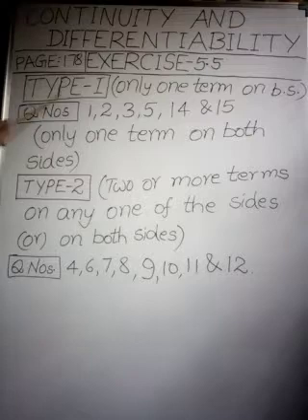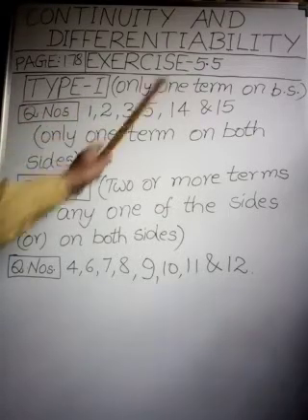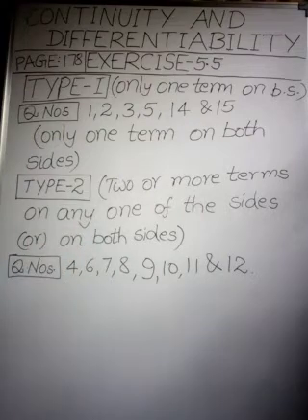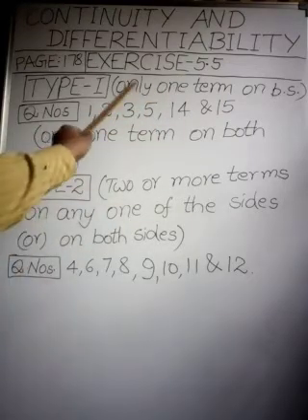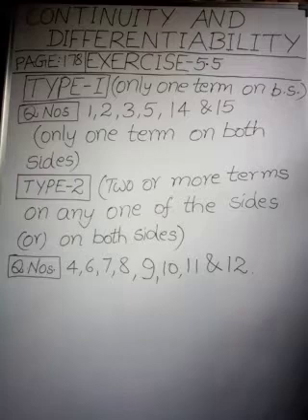See that type 1 sums. In this type 1 sums, there is only one term on both sides. If you write an equation, we write y is equal to like this. In the equation there is only one term on both sides.